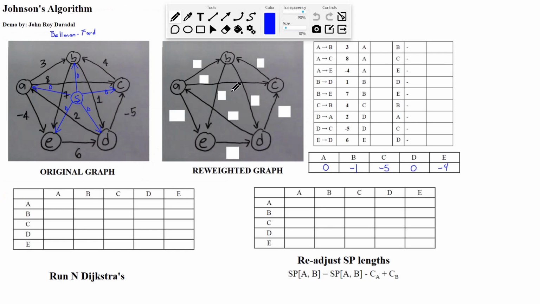And so our next step here is to actually reweight the graph. So given these scores that we got from the Bellman-Ford, we will fill in the values.